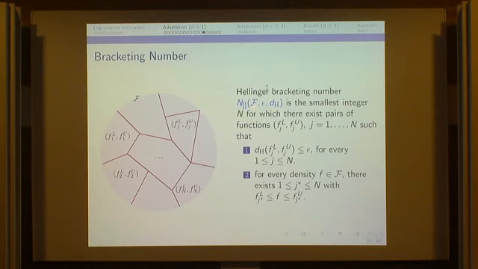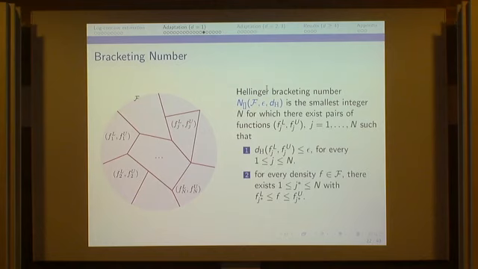We need three different elements here. The first element is the space that we want to cover. I said the space is complex or simple, that's the space we need. The second one is the separation level, epsilon. And third, we need a distance function.